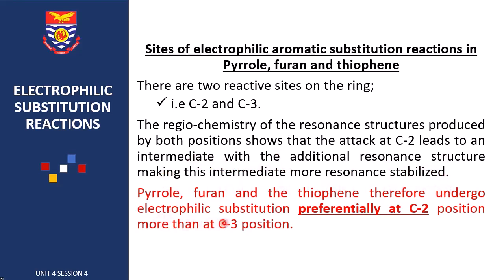So pyrrole, furan, and thiophene undergo electrophilic substitution reaction preferentially at the carbon number 2 position more than carbon number 3. So please let's take note of that. Electrophilic substitution reactions involving these heterocyclics prefer the carbon number 2 position to be attacked by the incoming electrophile.